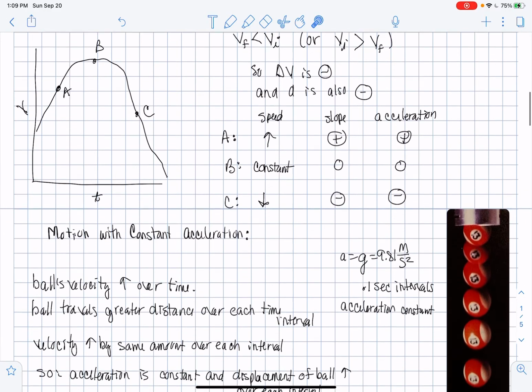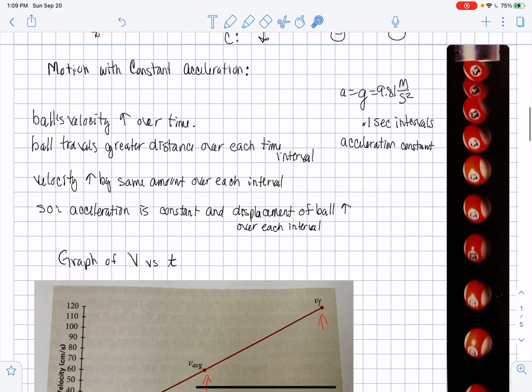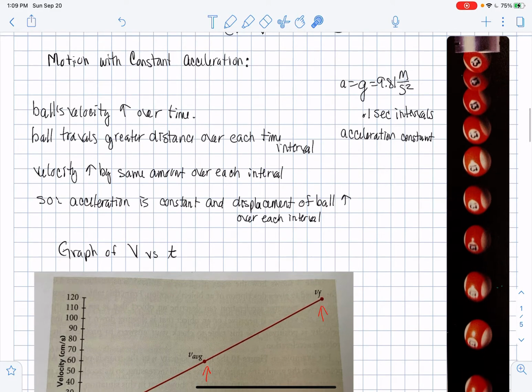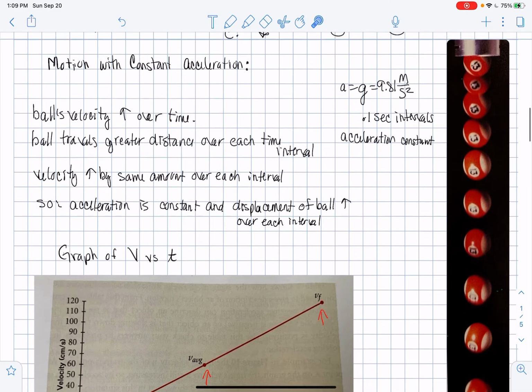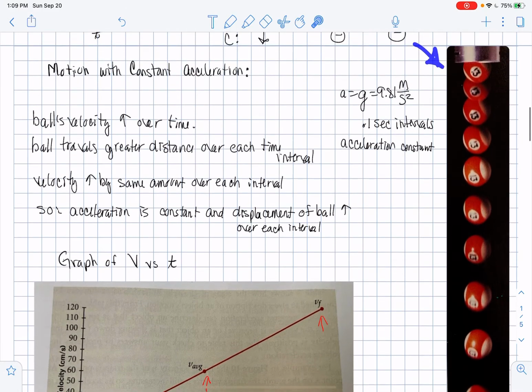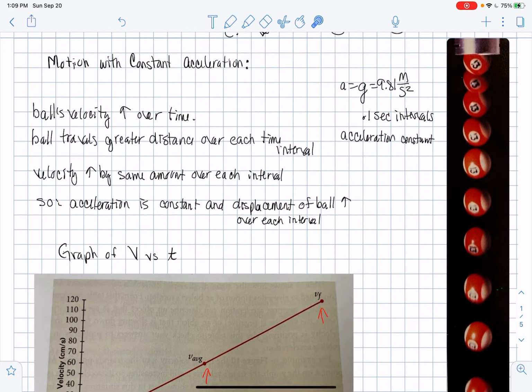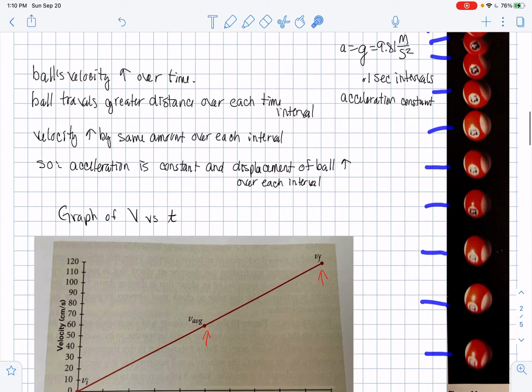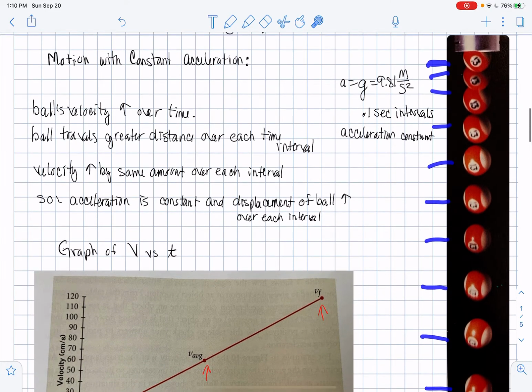Now, if we want to look at motion with constant acceleration, which is our next job, we can look at this ball that's falling, and you'd find this on page 51 of your text. The ball, when it's first dropped at the top, starts out falling very, very slowly and falls at a faster rate over time until it levels off at what we call a terminal velocity.